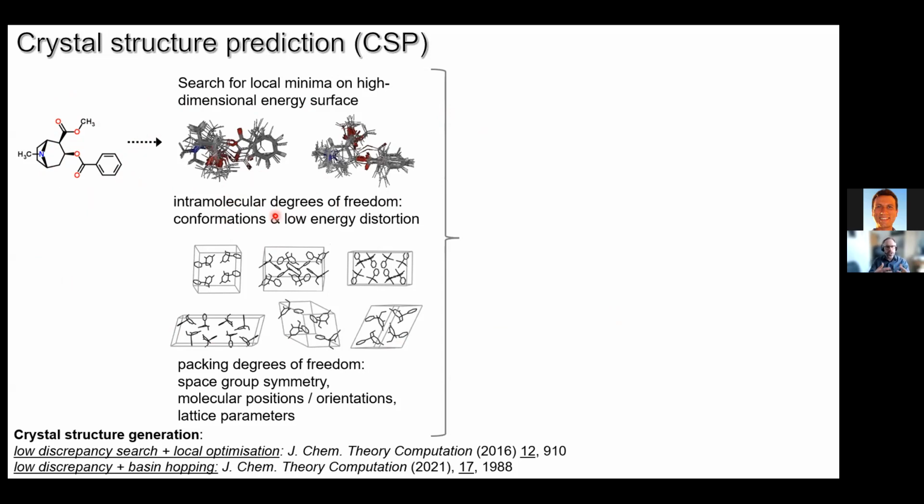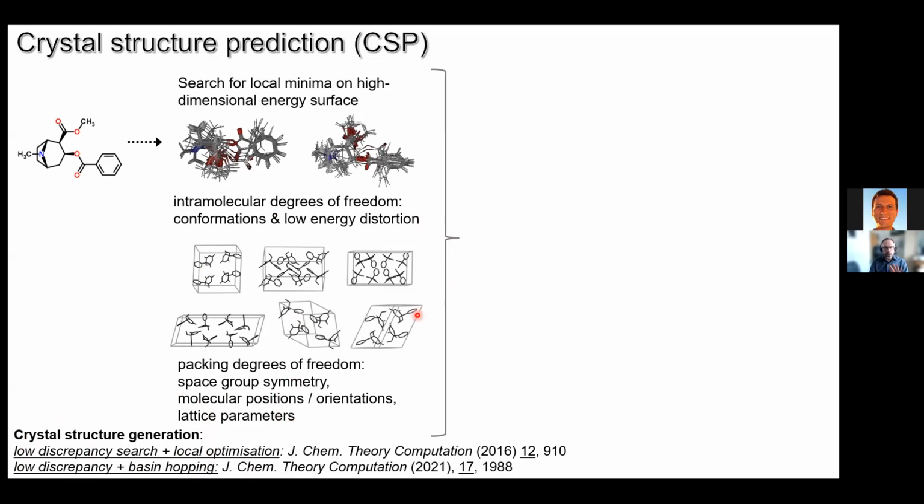And then for each stable molecular conformer, we go through a packing process. The types of methods we use here, I won't go through today. We use low discrepancy searching, which just means generating trial crystal structures as uniformly as possible across our degrees of freedom. And those degrees of freedom correspond to the unit cell, which dictates our translational symmetry.